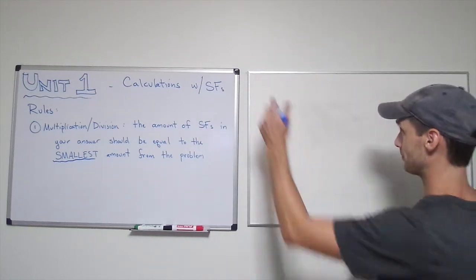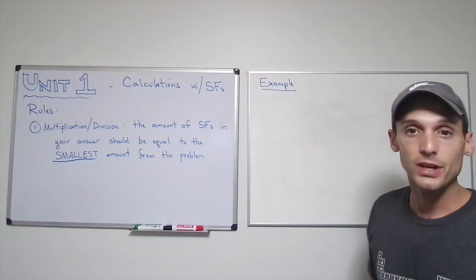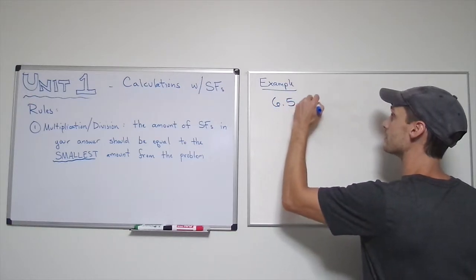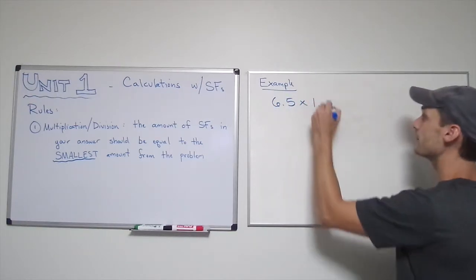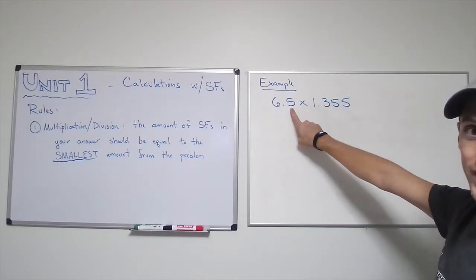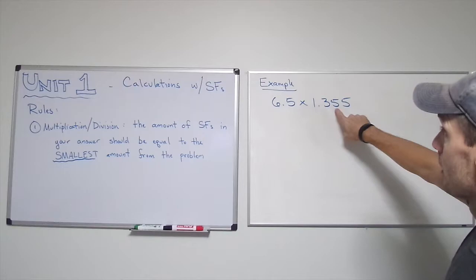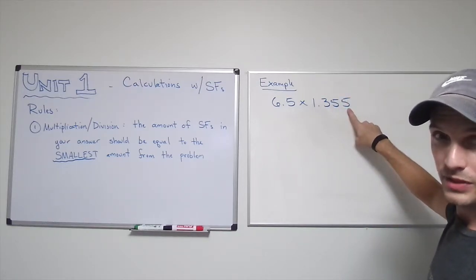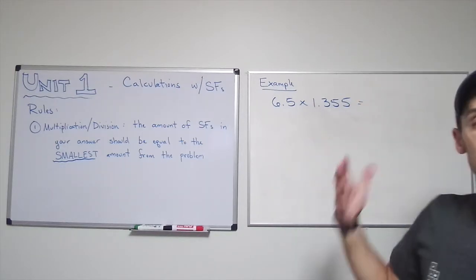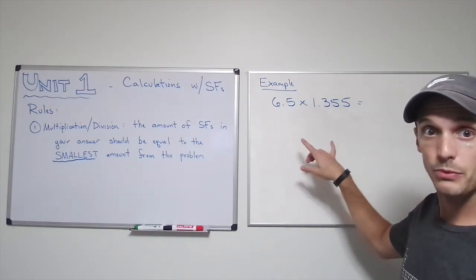So, for example, and I think it's easiest just to see this in an example, let's take 6.5 times 1.355. Now, if you look at this number, this has precision to the tenths column. Here we have precision to the tenths, hundredths, thousandths column. So if we're going to do this operation of multiplication, we are not going to allow our answer to have more precision than our numbers that we plug in.